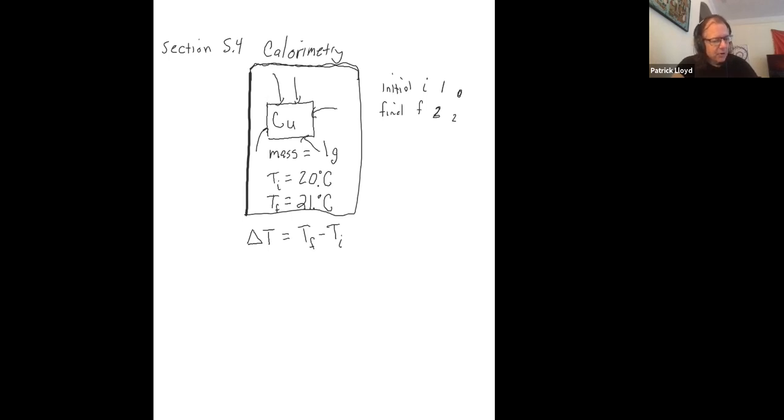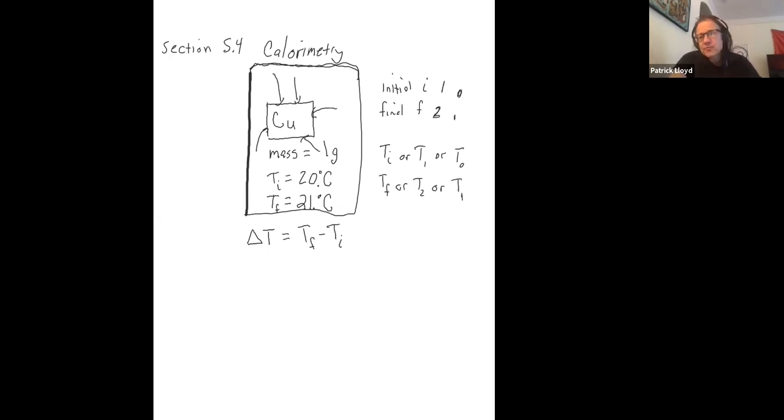So for example, I could write the initial as Ti or T1 or T0. These are all subscripts. And then the final would be Tf or T2 or, typically, if you're using 0, they'll use a 1 here, so T1.